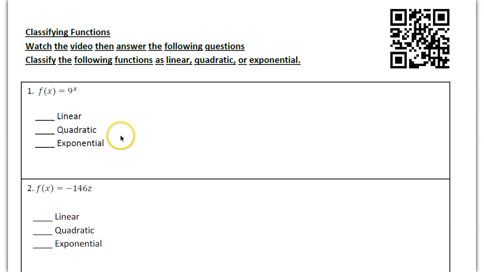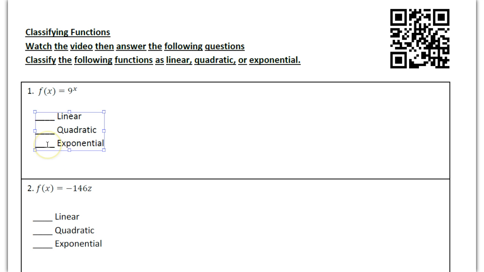As we continue in our booklet, on page 68, we're asked to classify these functions. Now, when we see that the exponent is the variable, these are exponential functions.